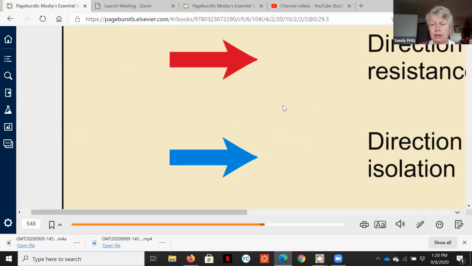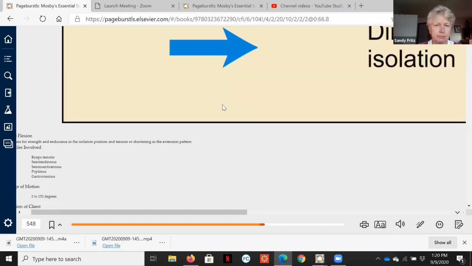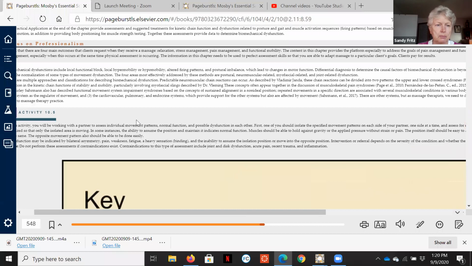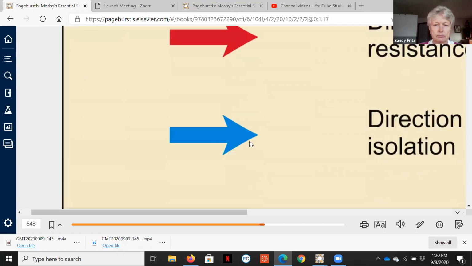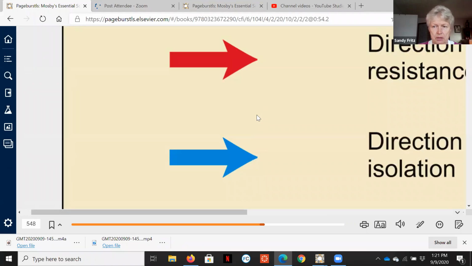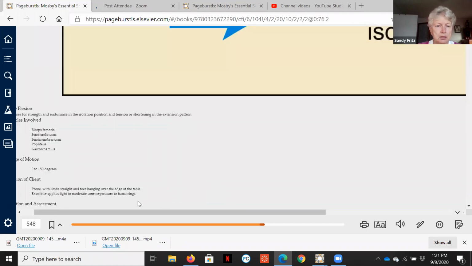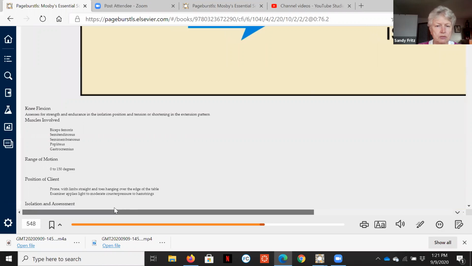And will the opposing group, the antagonist, control smoothly and allow the movement of the agonist. So that's explained here in the beginning. That's what these arrows are. So we're not going to pay a whole lot of attention to those arrows just yet.